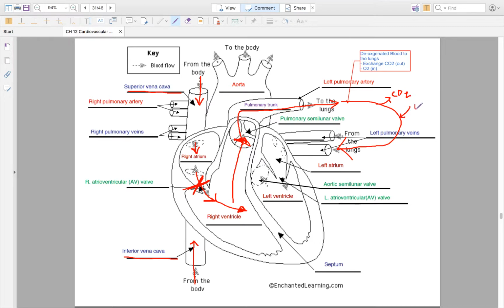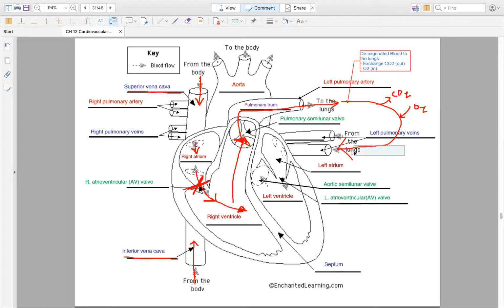And this happens naturally by diffusion. Sorry, it looks like a Z, but it's a 2. All right, so oxygenated blood is going to enter the heart, and it's specifically going to enter through the left pulmonary veins. All right, so let's make a note here.